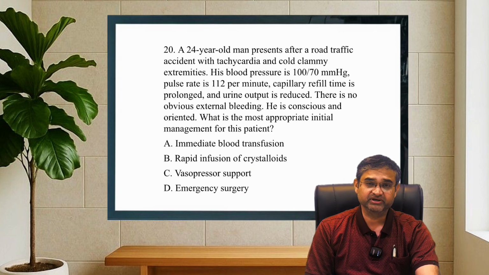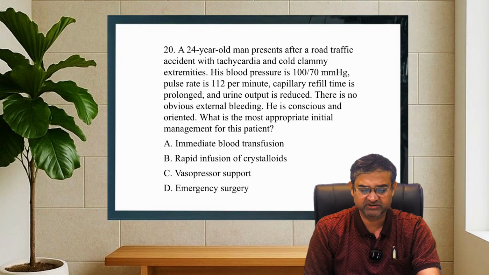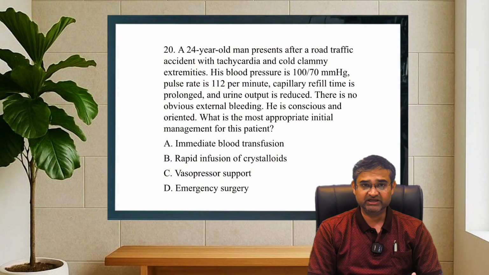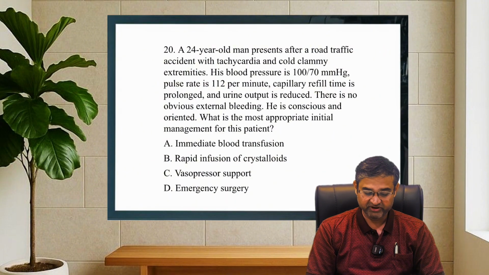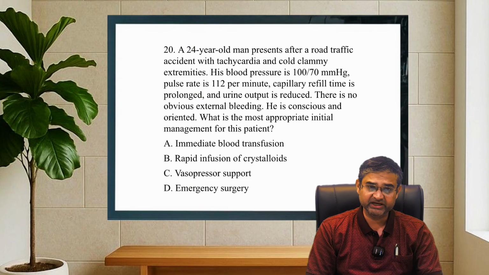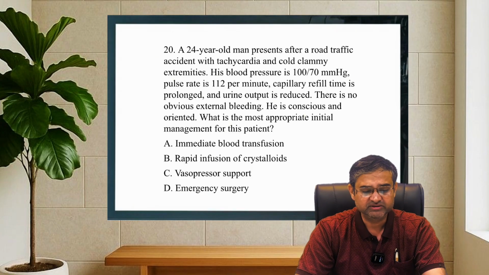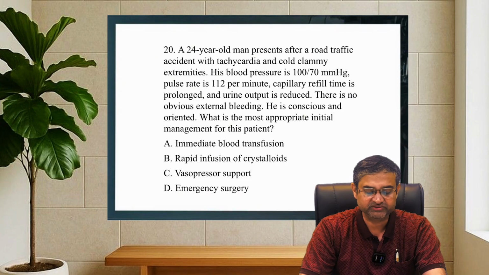If the patient doesn't improve after crystalloids, then we give blood transfusion in severe shock, severe blood loss, or where we see ongoing blood loss. Vasopressors are not the first line of management in hypovolemic shock. And surgery is only indicated if we see bleeding or any identified cause of shock in an unstable patient. So the answer is rapid infusion of crystalloids.